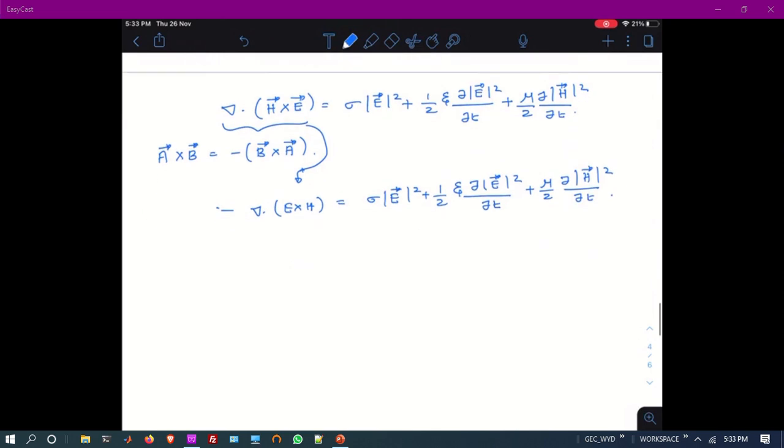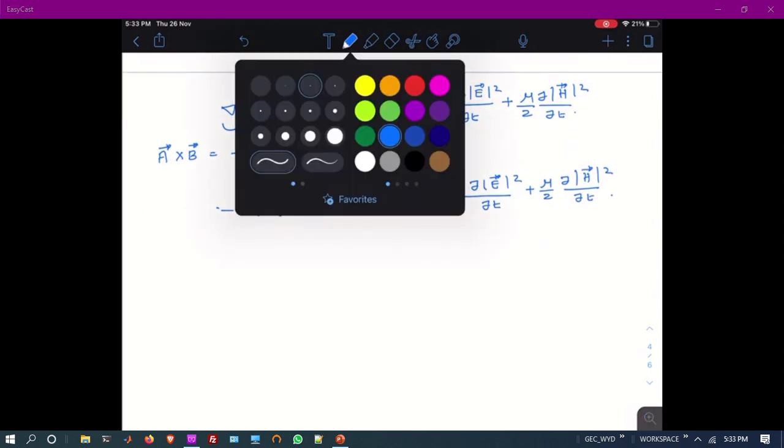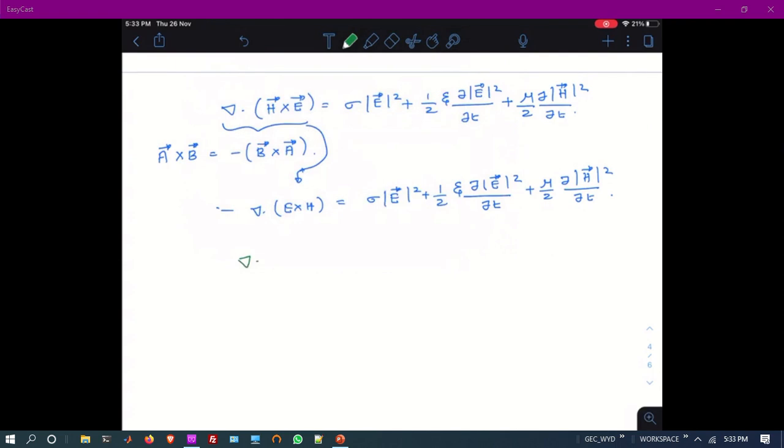And let's take the negative sign to the other side. So I will get del dot E cross H is equal to minus sigma mod E square minus, just combine these two, 1 by 2 epsilon dou E square by dou t plus mu by 2 dou H square by dou t.